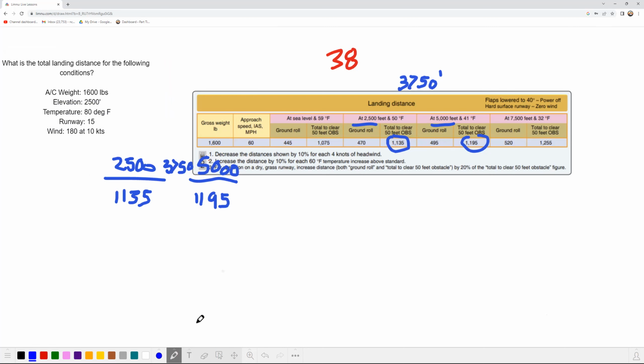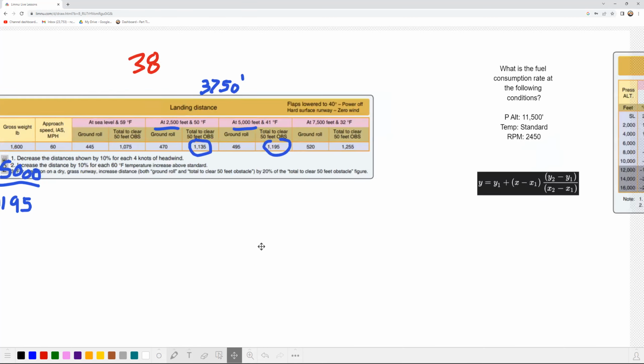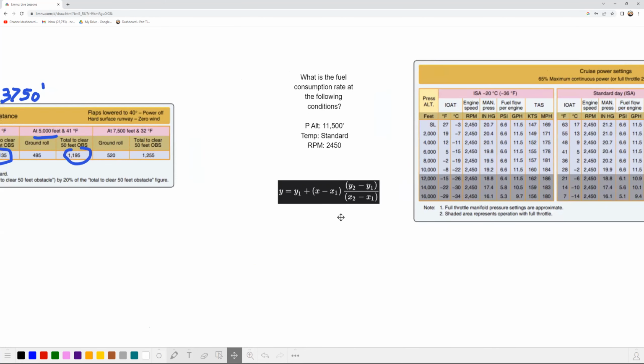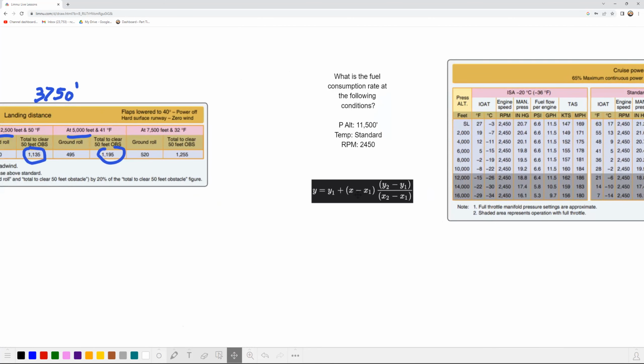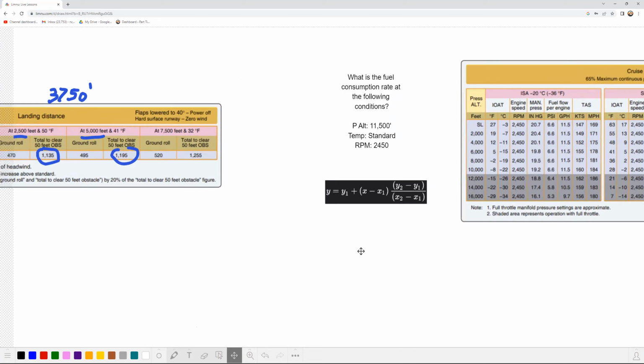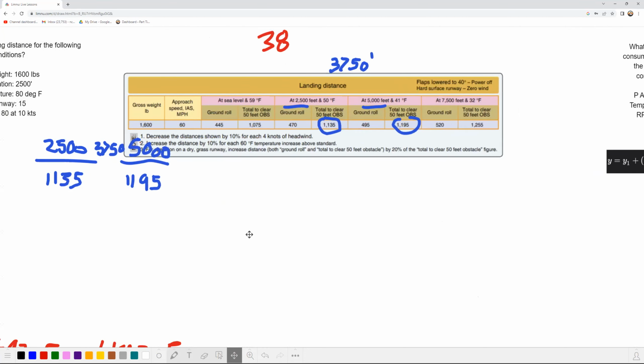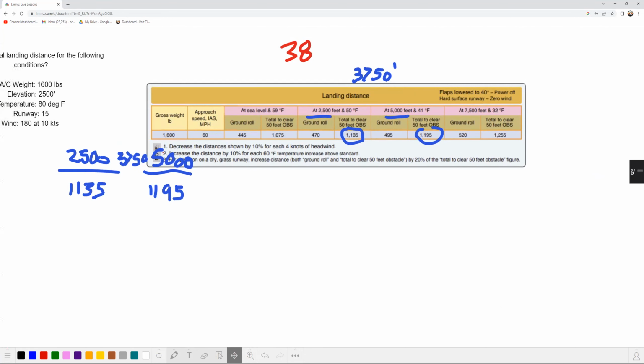We could use the interpolation equation, which I have over here for this next problem. If we remember this equation, our y value that we want would be the landing distance over 50 feet, and our x value would be 3,750.